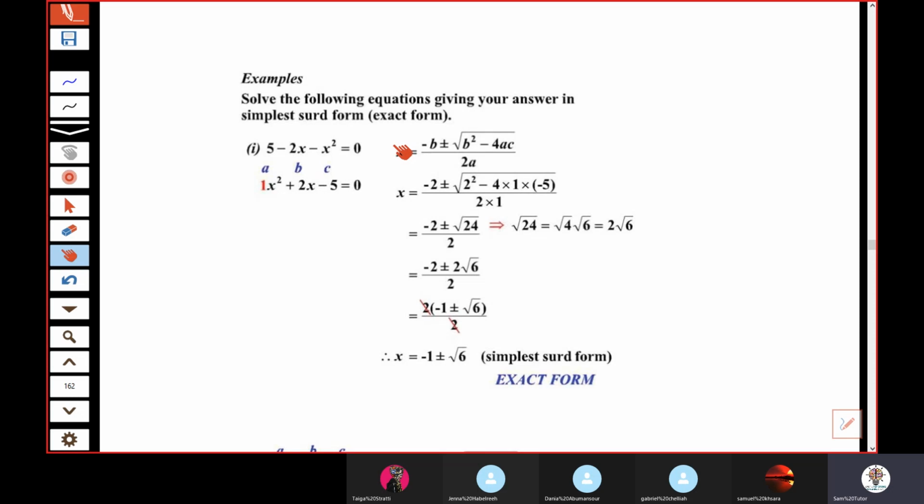And then A is 1, B is 2, C is negative 5. If you wanted to use it like this, A is negative 1, B is negative 2, C would be 5. And that would also give you the same answer. So just be careful with that. Order matters. So it's A, B, C. Okay.